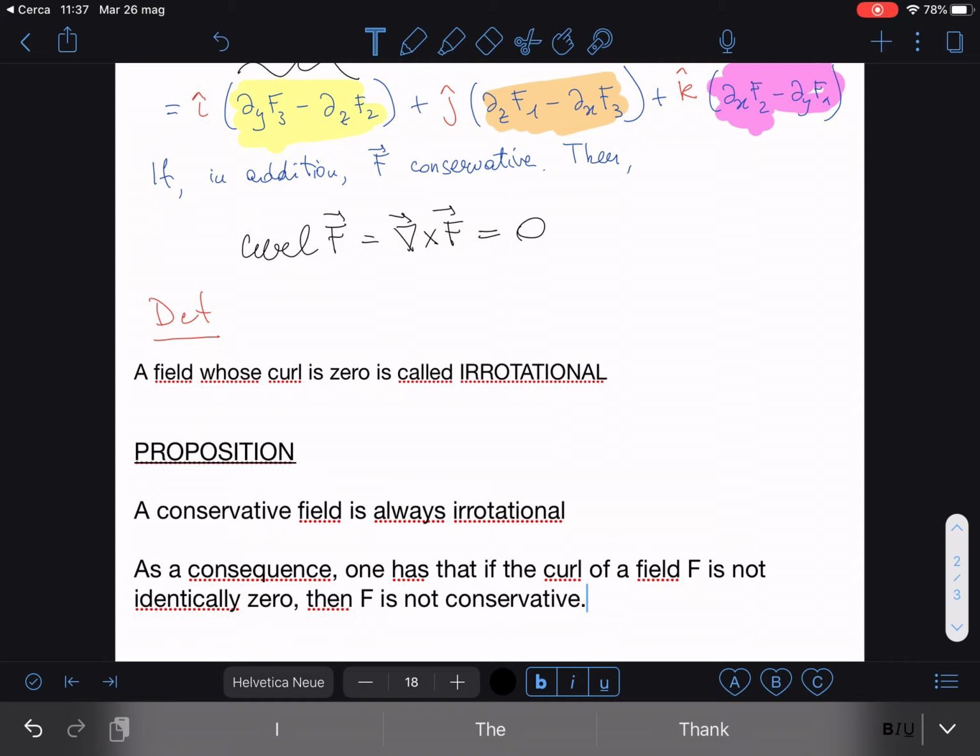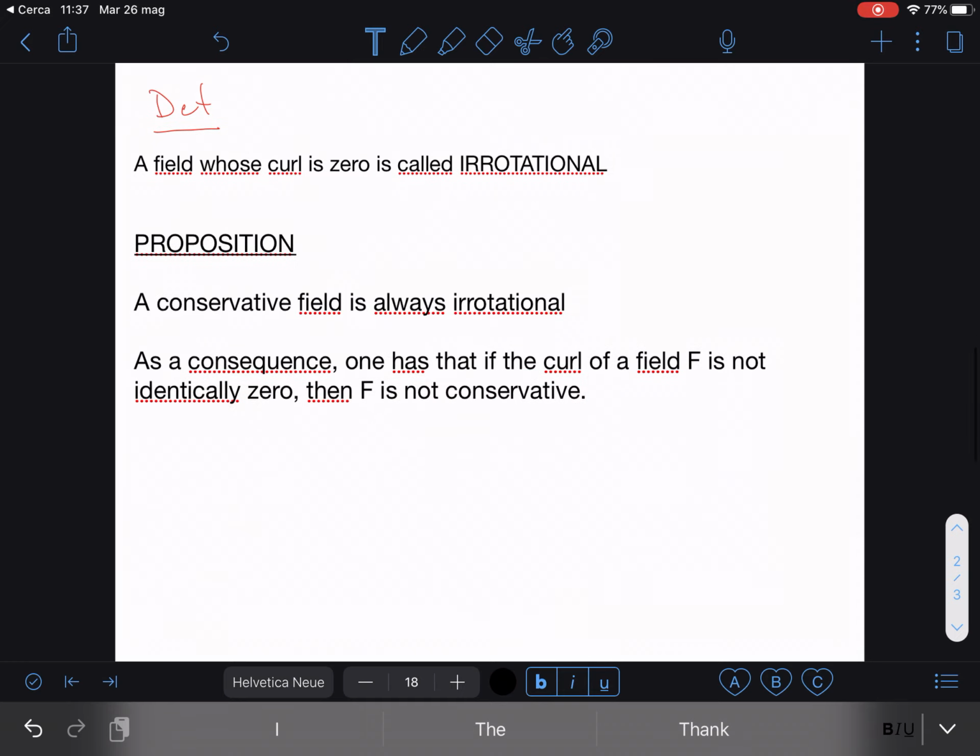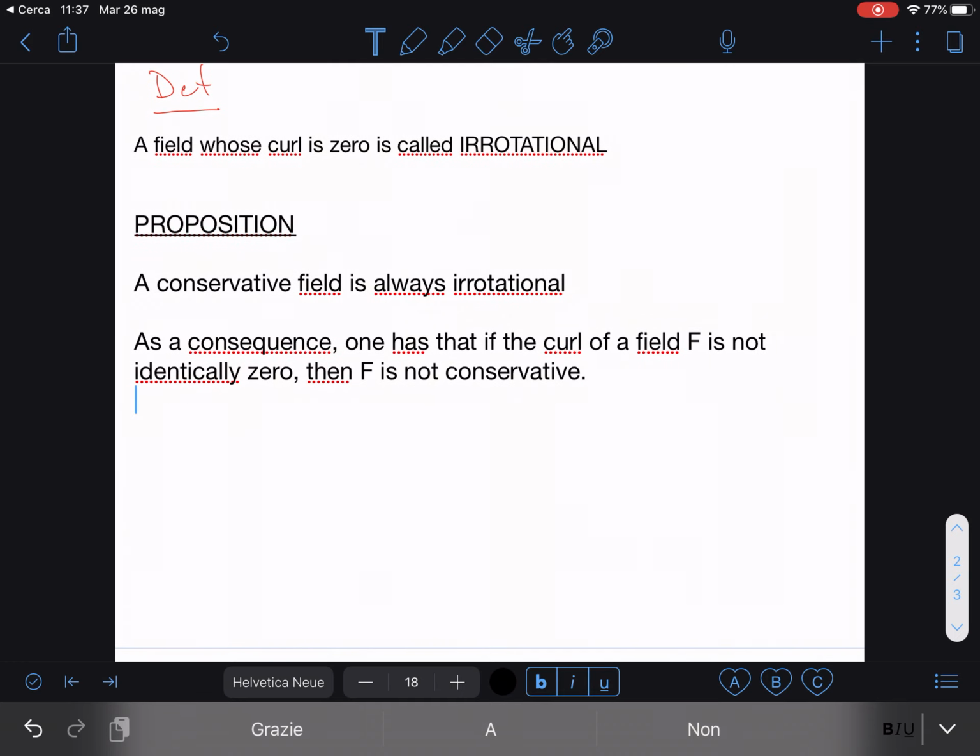So if I take an old exercise, if I'm able to find it quite rapidly. So the exercise was the one with a helix.